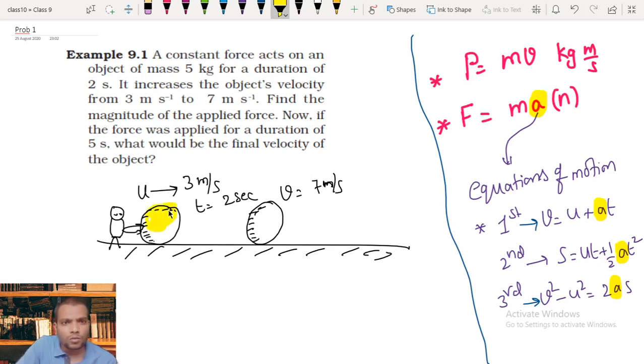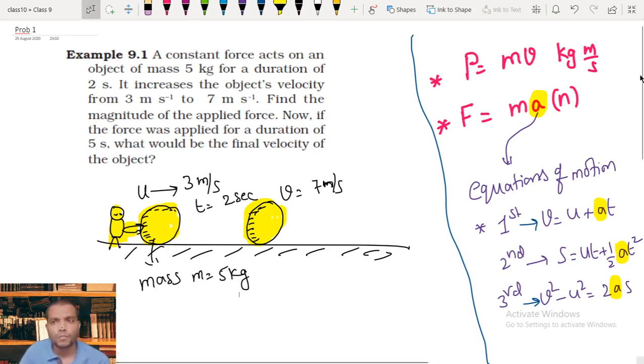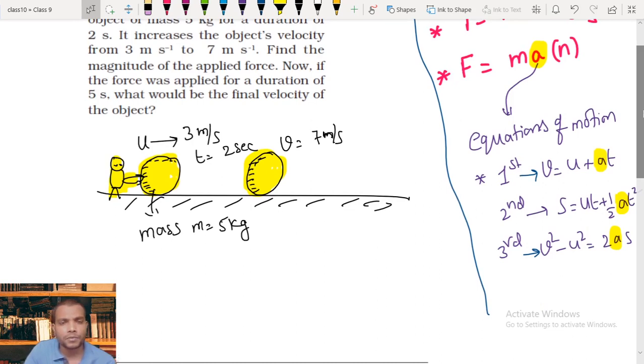What we need to find in this case is how much force is applied on this object. The object's mass is given, m equals 5 kg. So to find the applied force, we need to find the force.